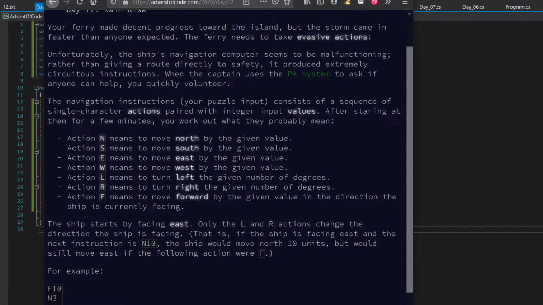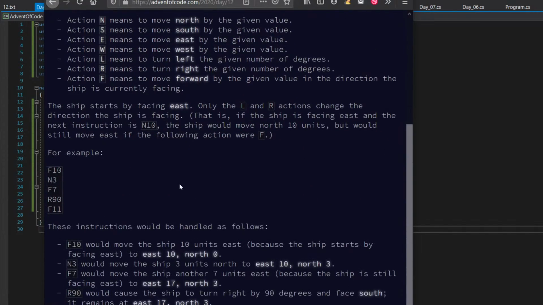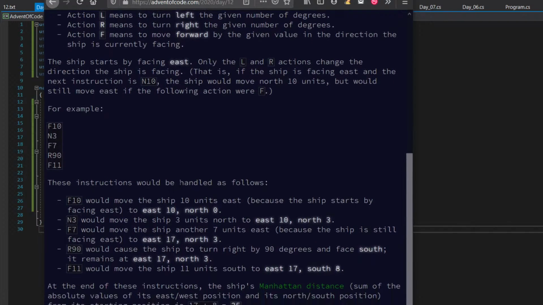Okay. So we can move in the cardinal directions, but we can also turn our ship by degrees. The ship starts by facing east, so facing to the right. Only the L and R actions change the direction the ship is facing. Okay, I got that.